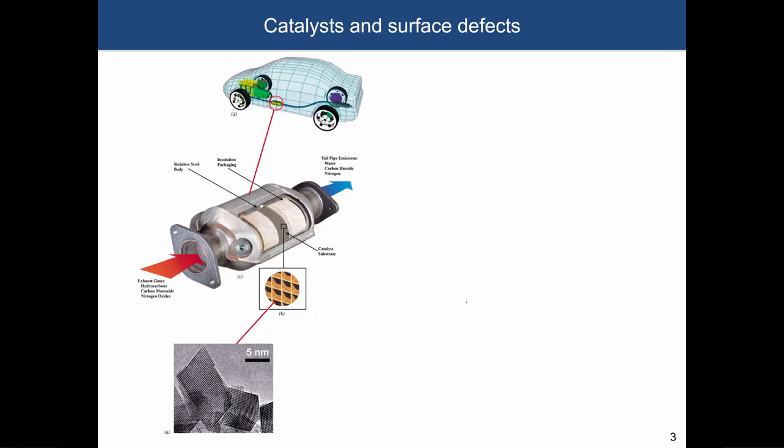One very important example is the catalytic effect. For example, there are specific types of devices in your cars that are called catalytic converters. They contain very small particles, and the types of the particles are engineered and processed in different ways. But the main idea is that these small particles will have these surface types of defects.